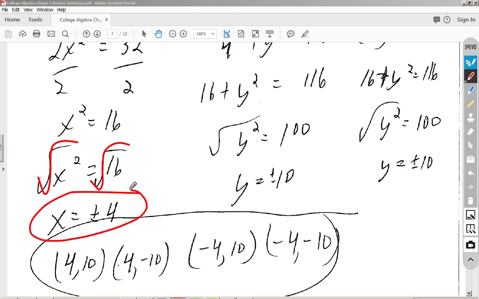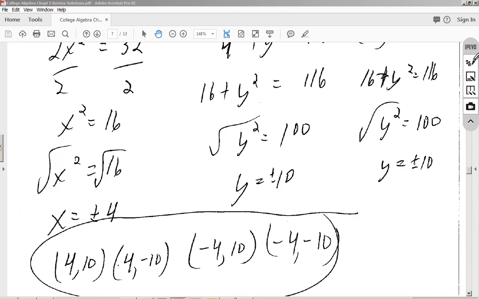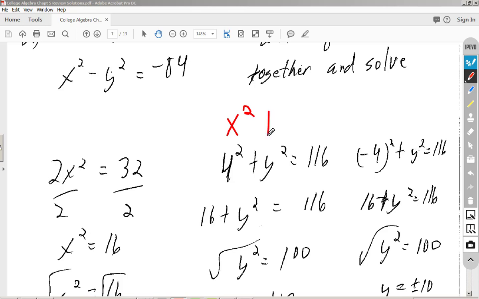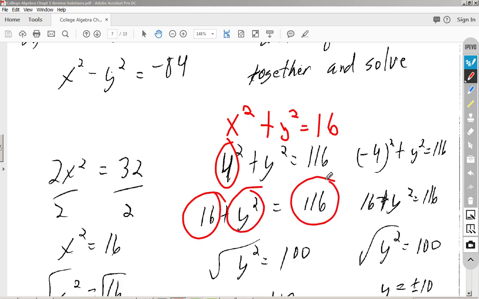So now that I know that x is both positive and negative 4, I'm going to go ahead and substitute positive and negative 4 into my equation to find out what my y value is. So here's my equation. I've got x squared plus y squared equals 116. Now I'm going to substitute in my 4. So 4 squared is 16 plus y squared equals 116.